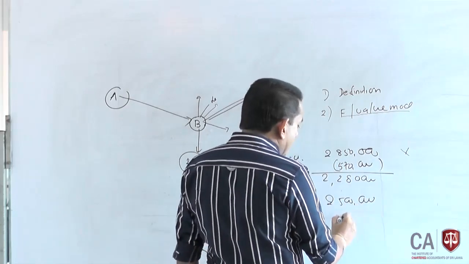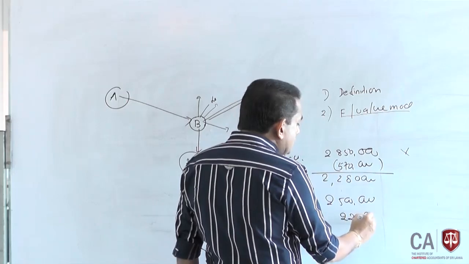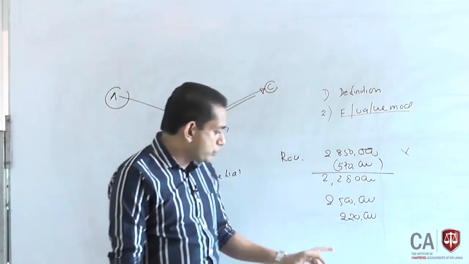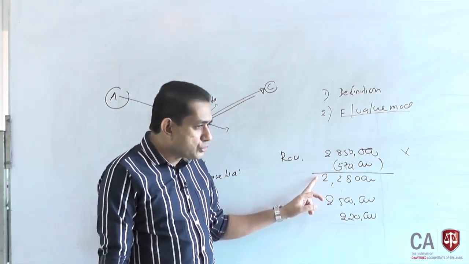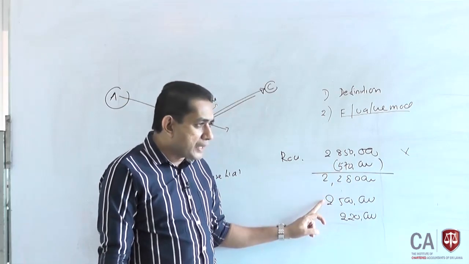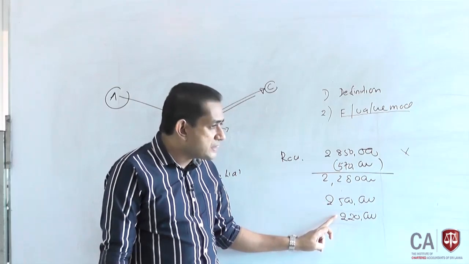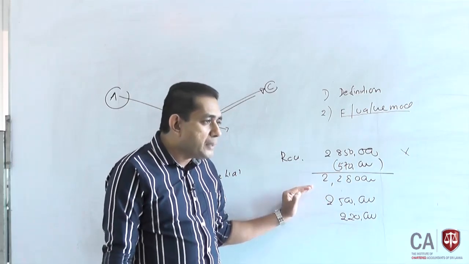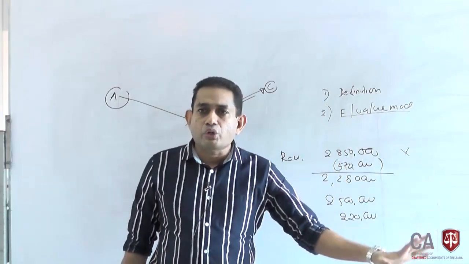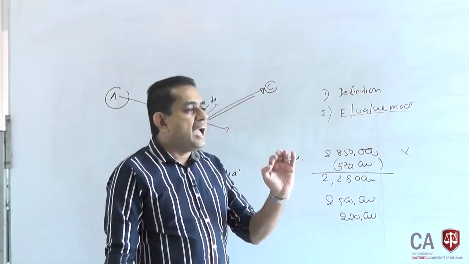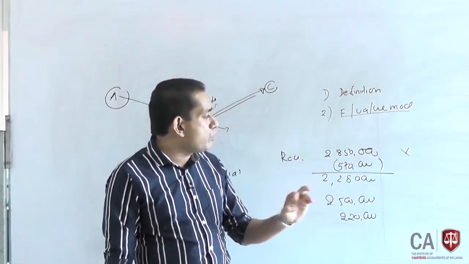What is the difference? The difference is 220. How did I get 220? Book value is 2,280,000, fair value is 2.5 million. The difference is 220, debited to the asset and credited to equity, which is a reserve, and that is the revaluation model.